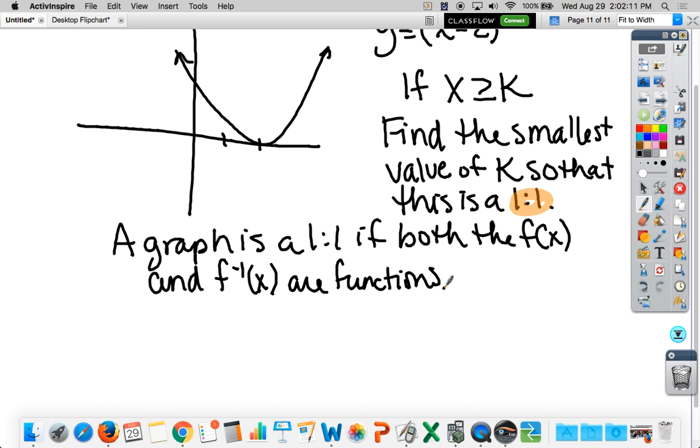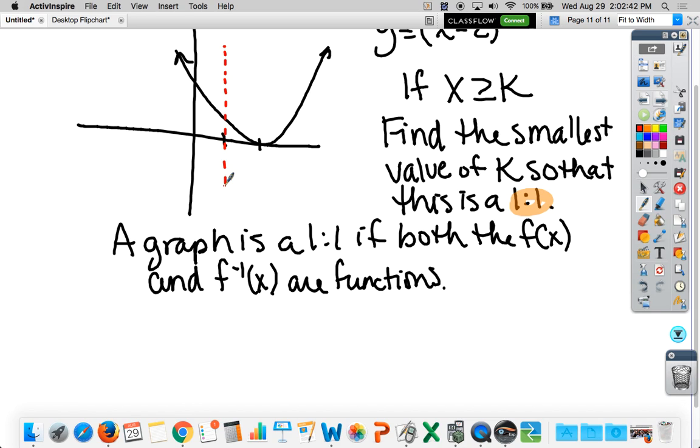So there's a little test that y'all have been taught to use to determine if a graph is a function. Remember what it was? Vertical line test. Does it pass the vertical line test?